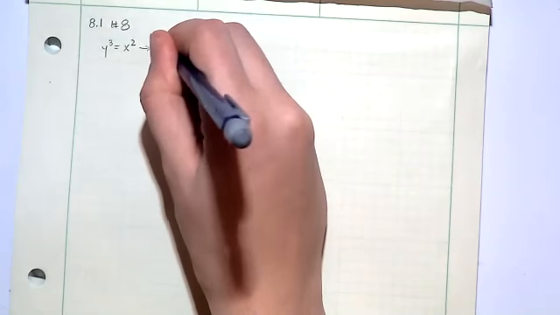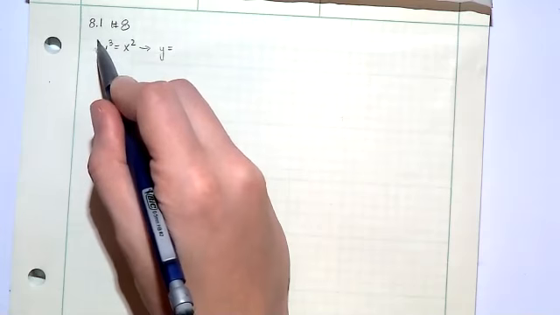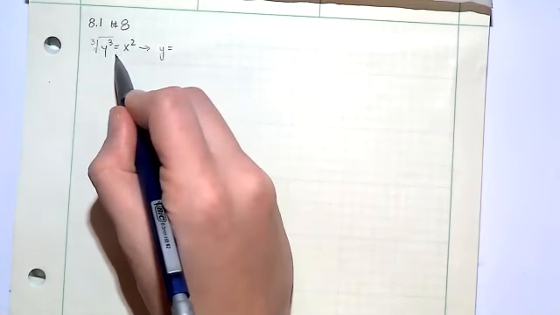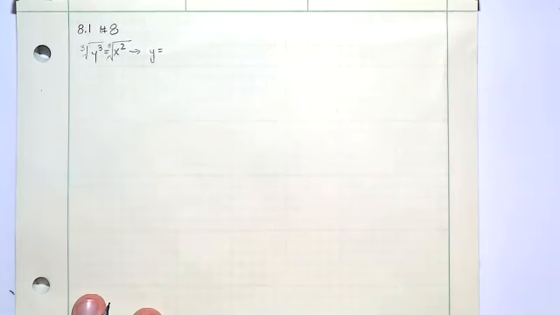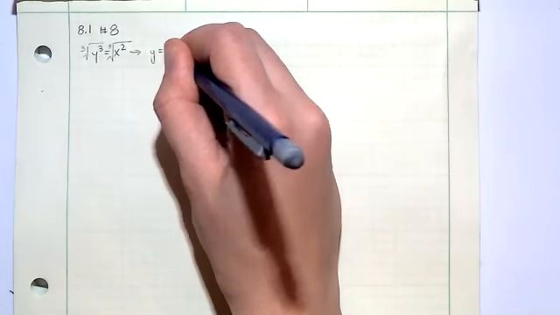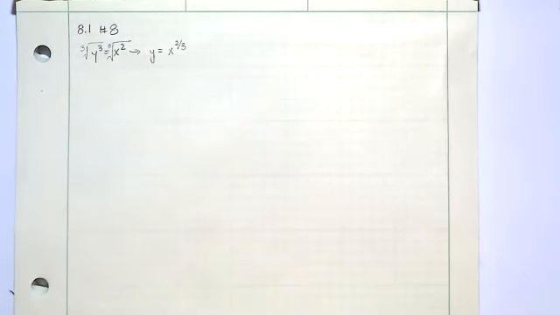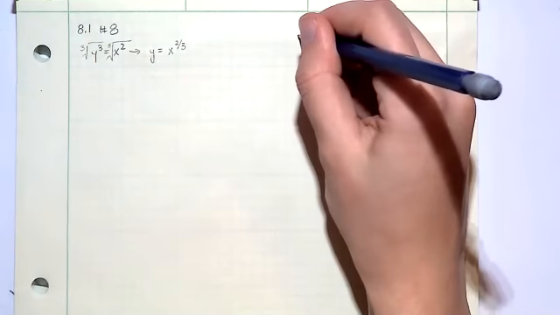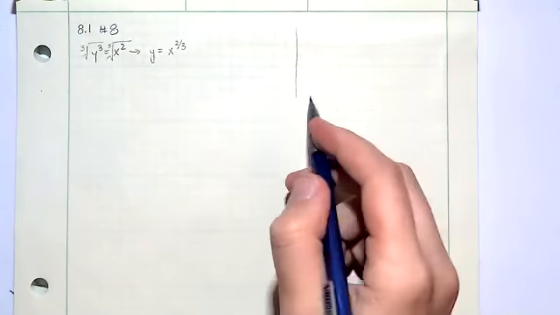So we have y is equal to, and we're going to take the cube root of both sides. And so that means our y is going to be x to the 2/3. So we want to sketch, the technical term, sketchy sketch.